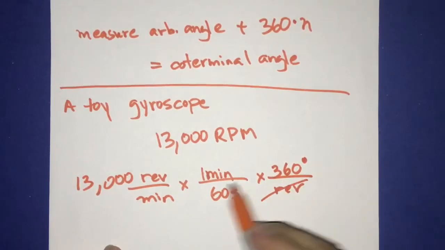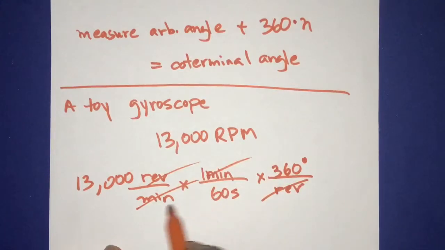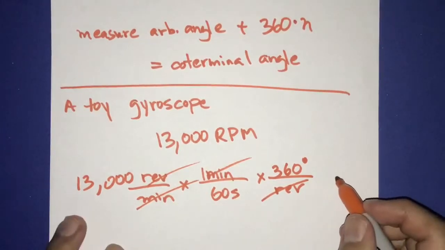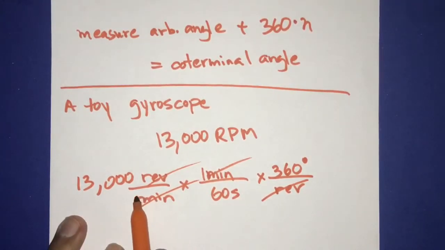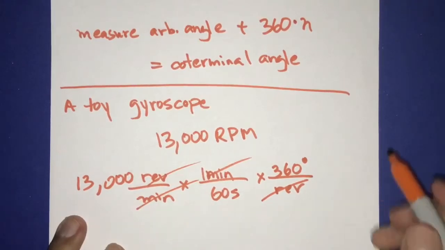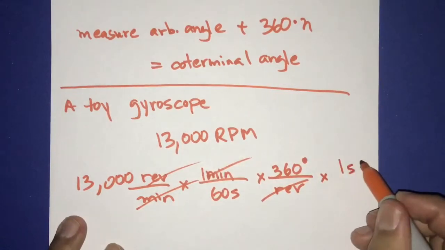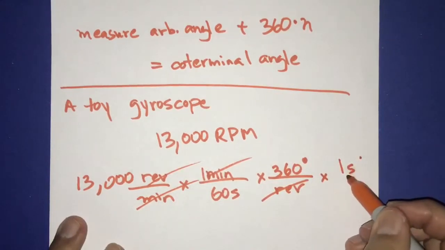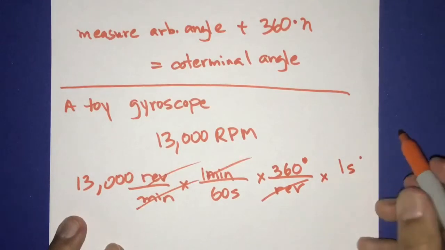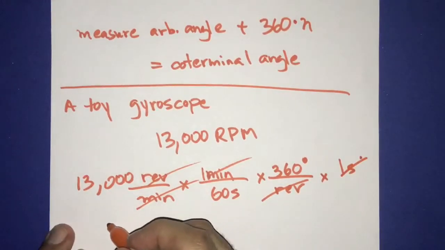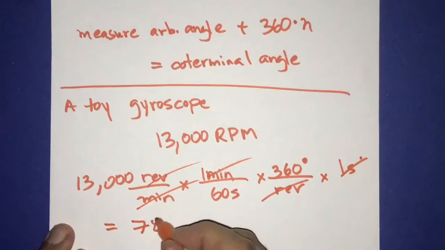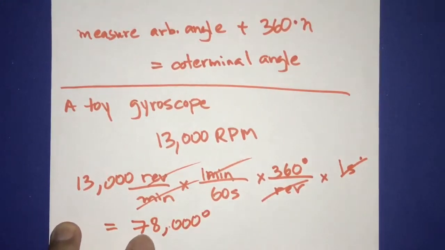So we see the revolutions will cancel and our minutes will cancel, and we're going to be left with degrees over seconds. And if we want to get how many degrees this will make, we're going to have to multiply by 1 second. That's going to give us the number of degrees. So we would see in this example that this would rotate through 78,000 degrees.